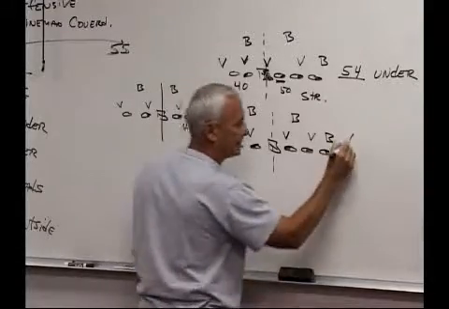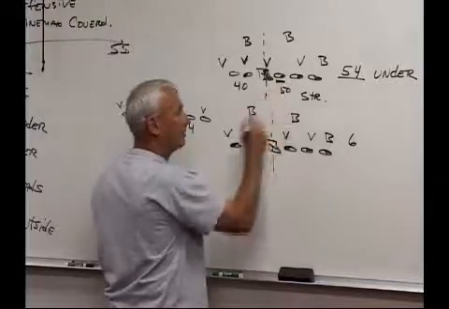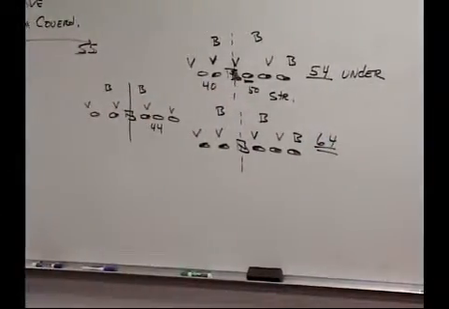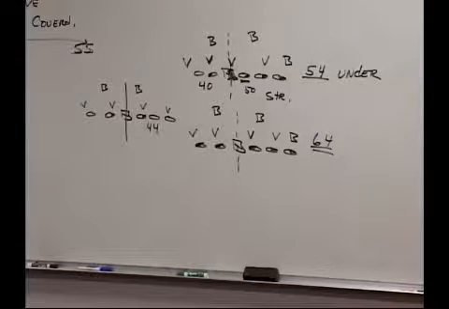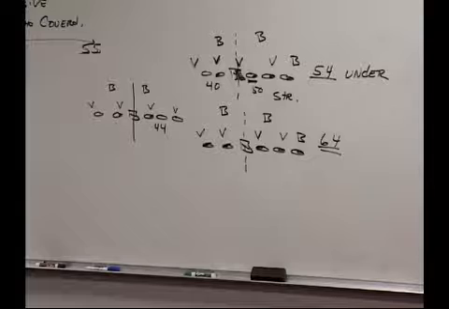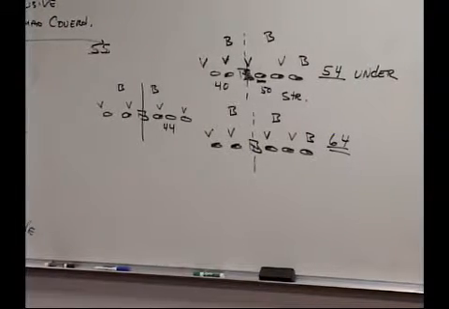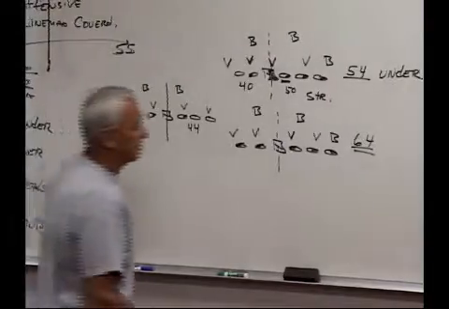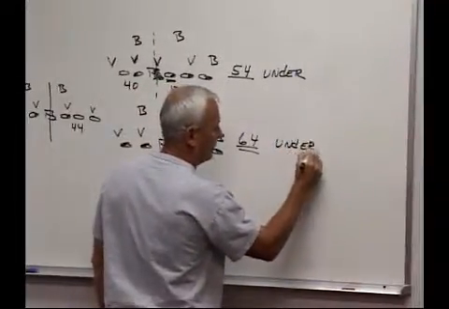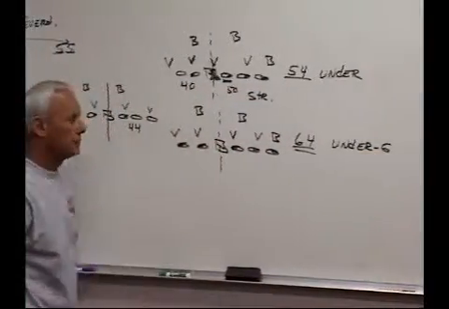Now, that made that a 60. So now instead of having a 54 defense, I've got a 64 defense, because I got 3 down linemen covered on the offensive line. I got a 64 defense, which some people call under G. It's called an under G because he went over on the guard. It's an under front with a nose guard on a G.